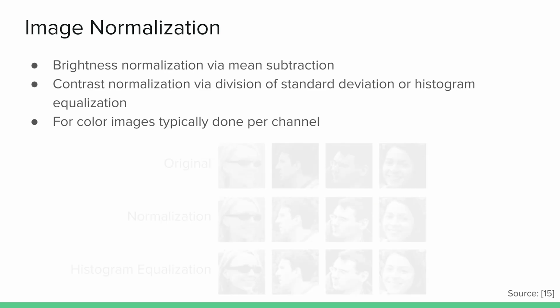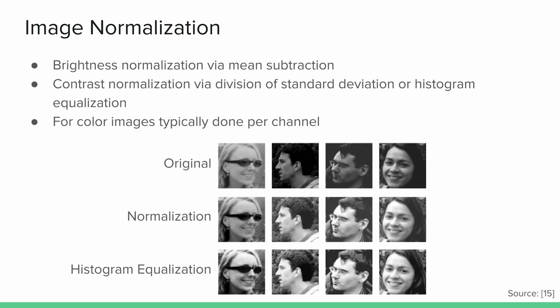For color images, what you're typically doing is doing it per channel. Here are some examples of your original, and then you apply some sort of normalization or histogram equalization, and you can see that the images now look much more like the others.